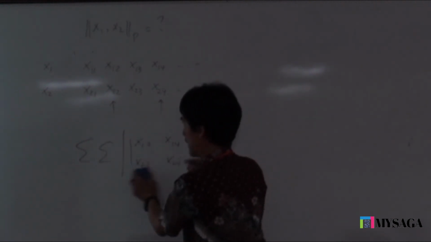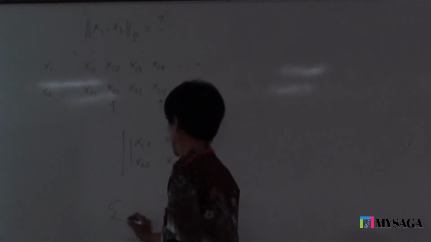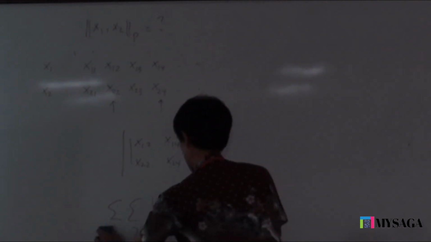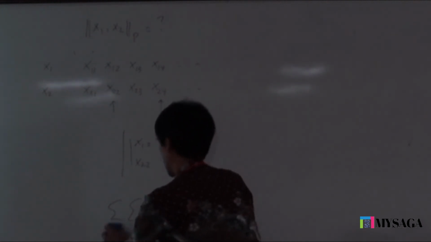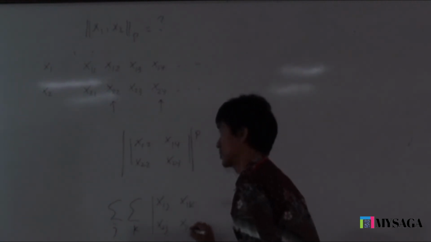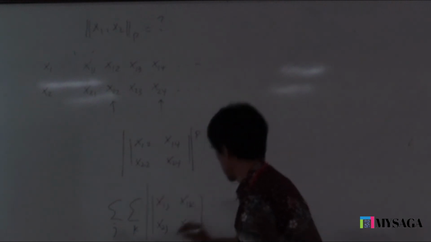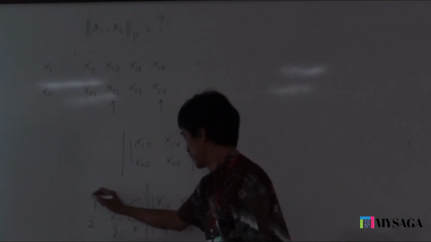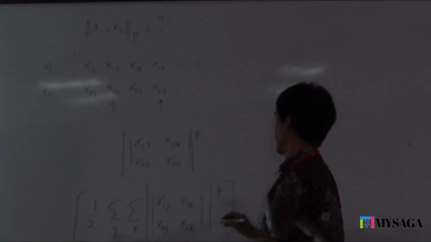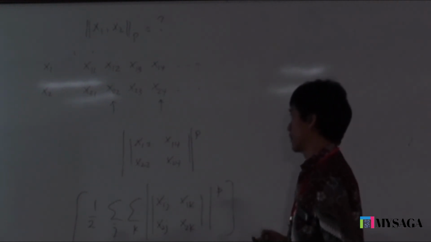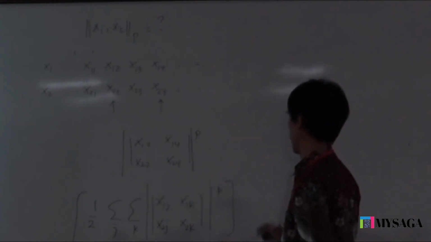And then I replace this by, if there are 2, then I can just say x1j, sorry, maybe j and k. x1j, x2j, x1k, x2k. The absolute value is taken to the power of p, and then I take 1 over 2. Maybe that's not really important, but to make it equal to the area of the parallelogram when p is equal to 2, I have to have 1 over 2 here.